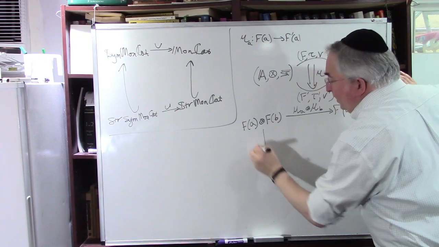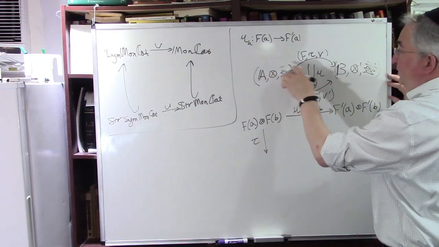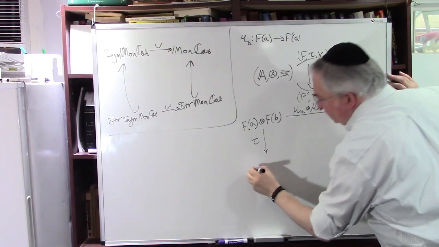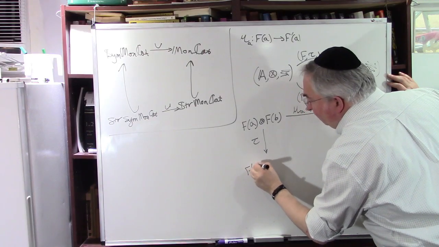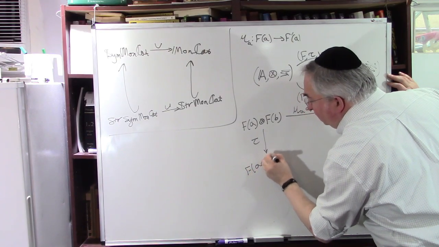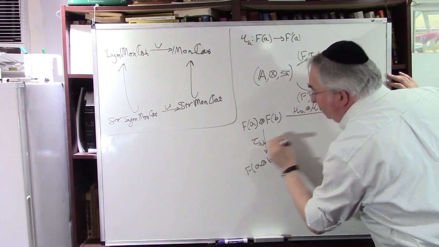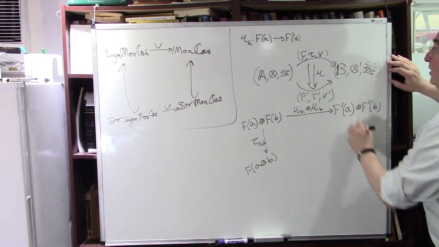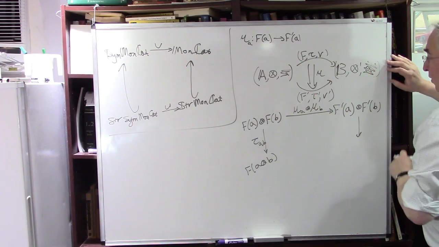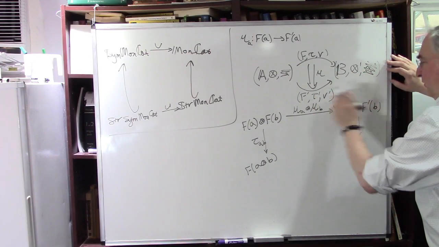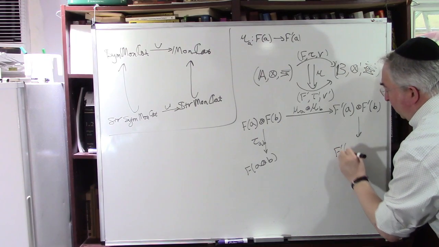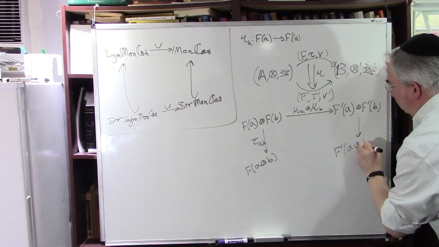Hold on. Now we have tau. What does tau do? Tau brings together things like this. So this is going to become F of a tensor b. So this is tau of a comma b. And F prime also has a tau, so this becomes F prime of a tensor b.